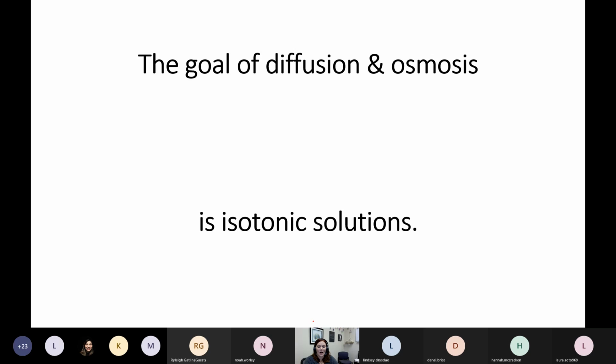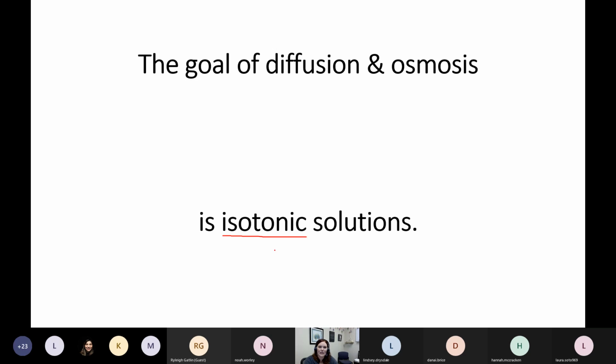I'm hoping you had a chance to review our packet before class today. In case you didn't, there's going to be some new words in here that we're going to talk about today. One word we've already talked about is isotonic. If two solutions are isotonic, what does that mean about their concentration?